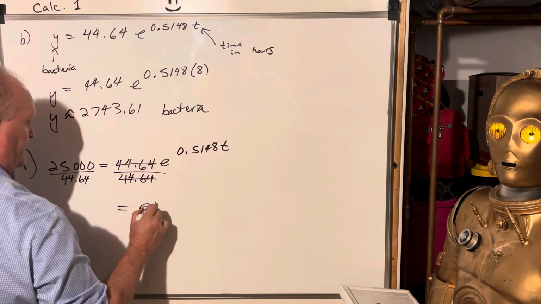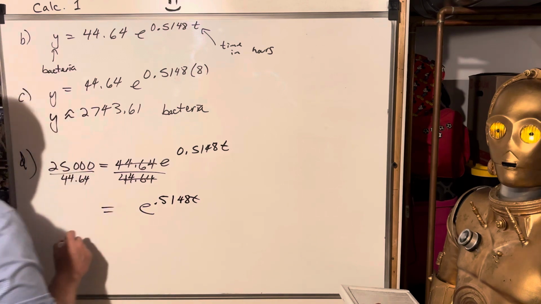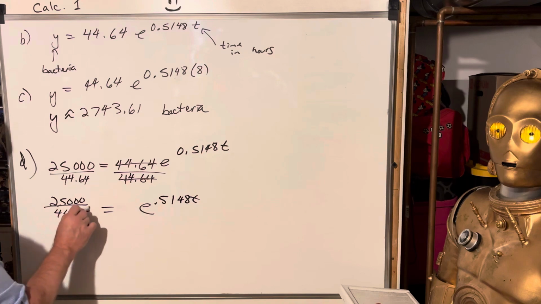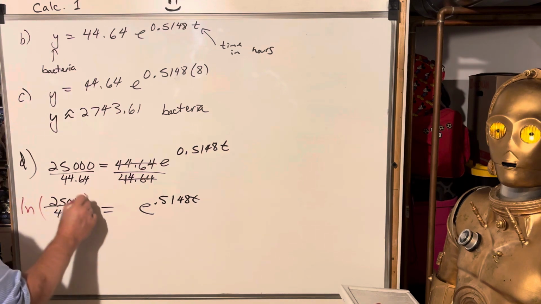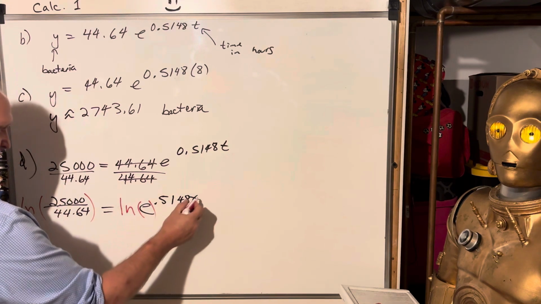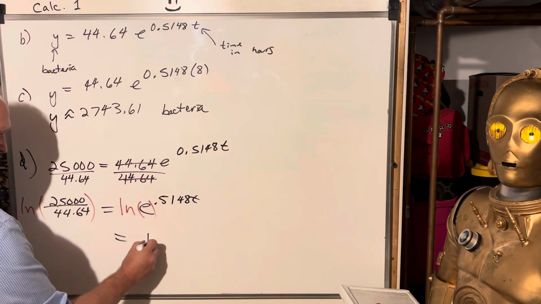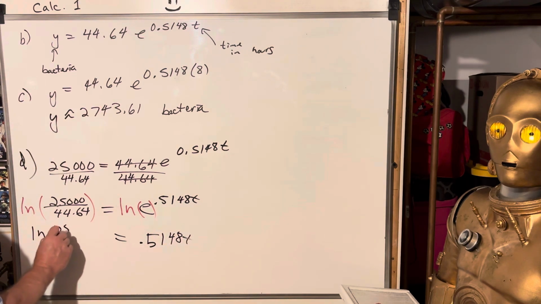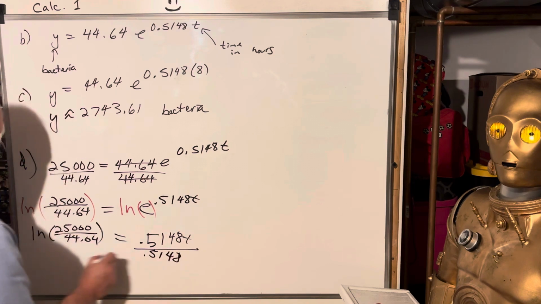And now again, we've been doing this trick a lot. Give myself a little room. Here, I'll tell you what, I have different colors. I'll use red. Let's do the natural log of both sides, and then that comes down. We got the natural log of 25,000 divided by 44.64, and then we divide that by 0.5148.